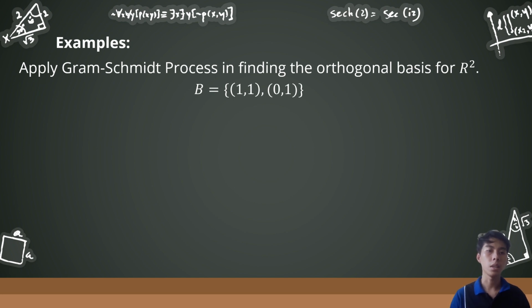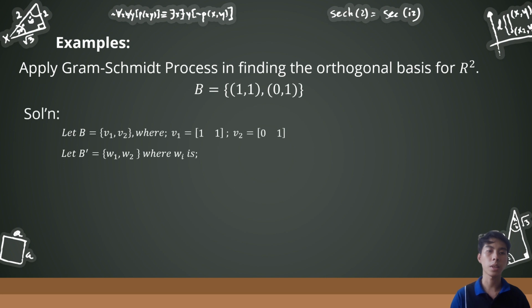we let B be equal to the set of vectors v sub 1 and v sub 2, where v sub 1 is our first given vector, which is 1 and 1, and v sub 2 is the second vector, which is 0 and 1.